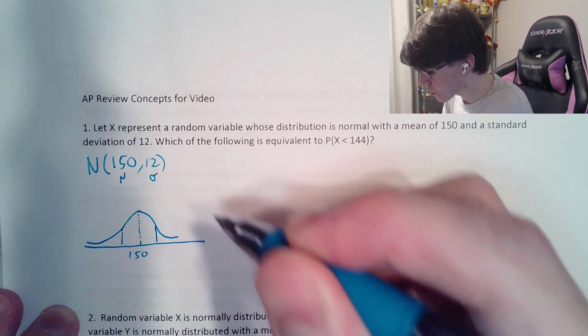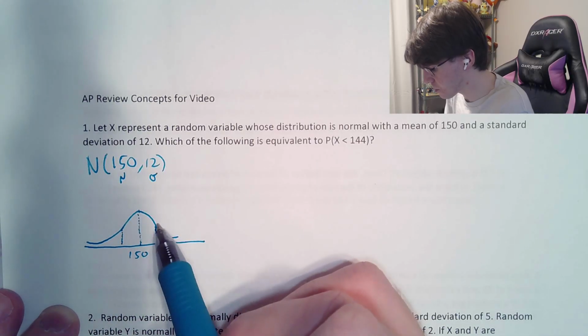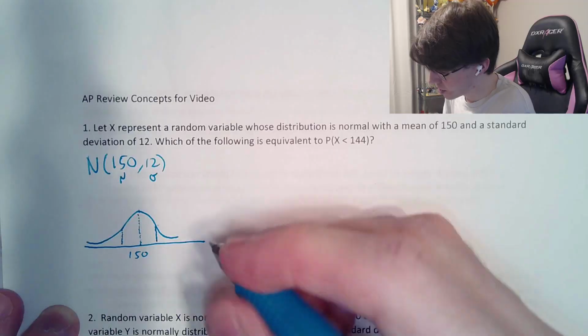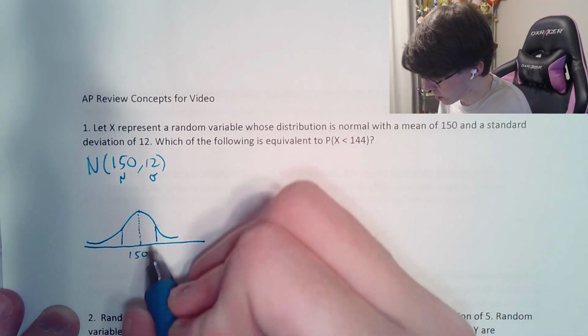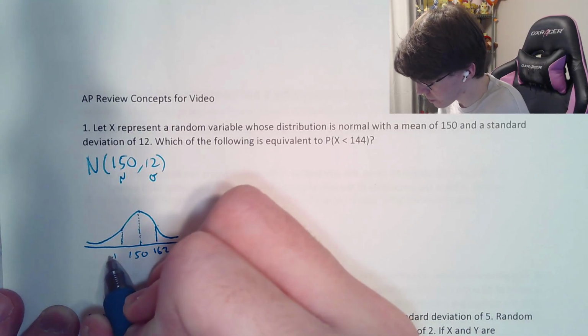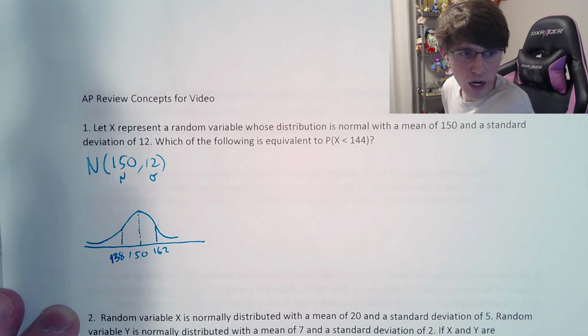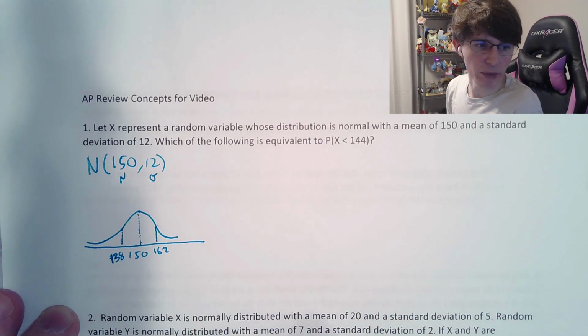The inflection point from calculus, where it goes from a happy face to a frowny face or from a frowny face to a happy face, is going to be 12 away: 162 adding 12, or 138 subtracting 12. So this is a basic setup of it.